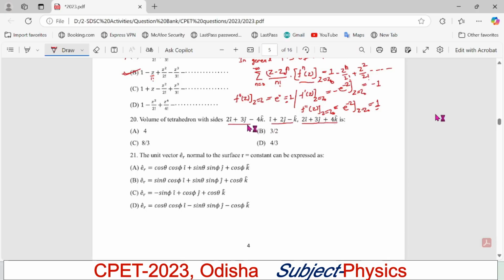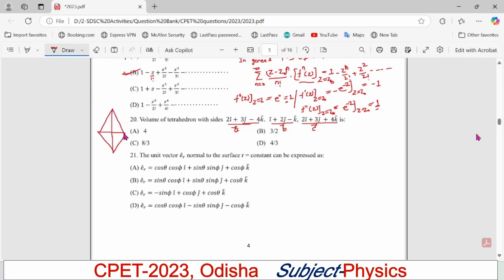Consider this is the vector A, this is the vector B, this is the vector C. The tetrahedral structure is like this. This is the typical tetrahedral structure, with 4 faces.